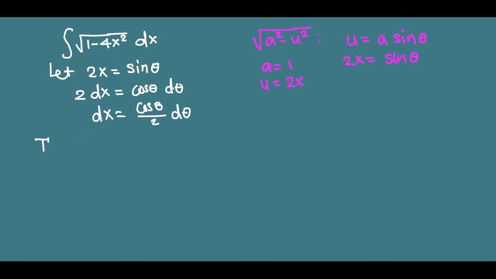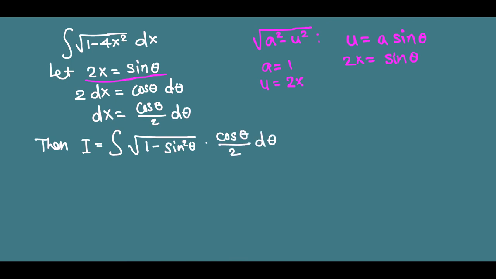Then with these substitutions, the original integral now becomes the integral of root of 1 minus, this is 2x quantity squared, and 2x quantity squared is sine squared theta, times dx, which is cosine theta over 2 d theta.